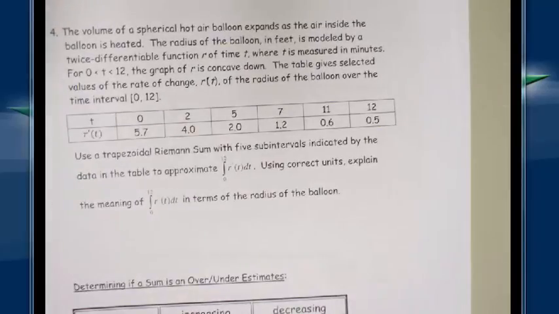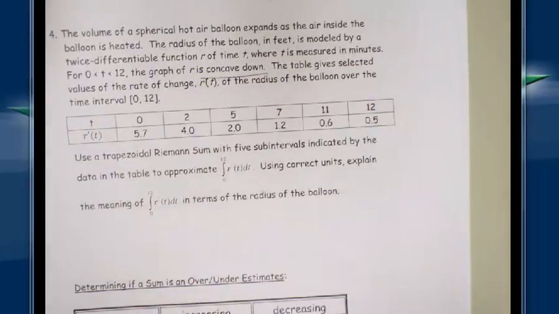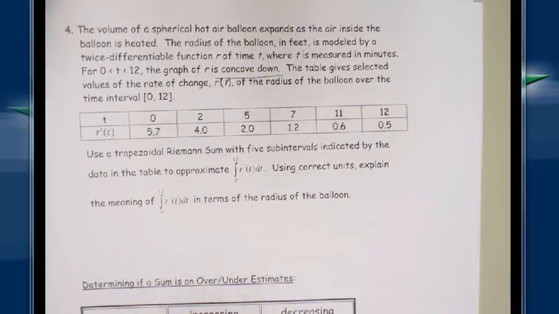All right, we're going to look at this real life situation here. Reading through, talking about the fact that it's concave down is nice. We are looking at the balloon, its radius, and the rate that that radius is changing. So they want us to use trapezoids, use 5 subintervals.